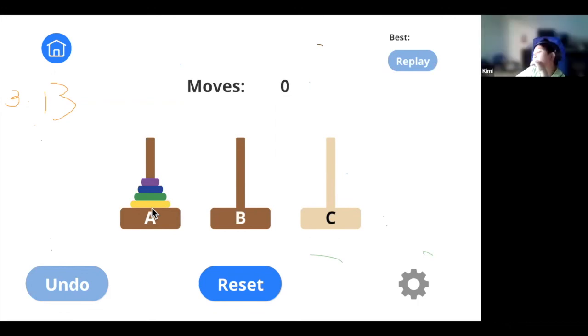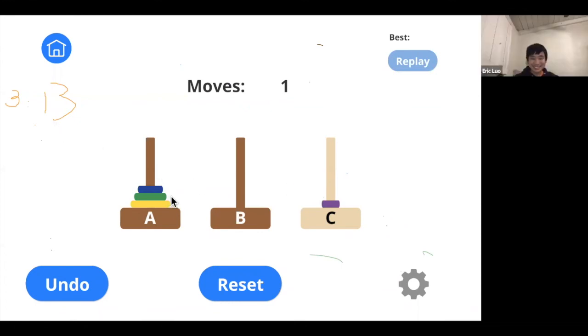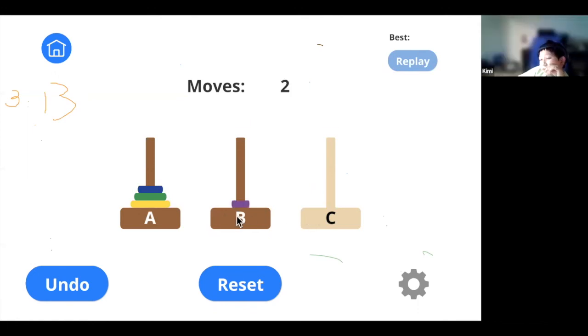Purple to C. Blue to B. I remember we can't make the, oh yeah, I forgot. Purple to B. Blue to C. Blue to purple to C. Wait, never mind.